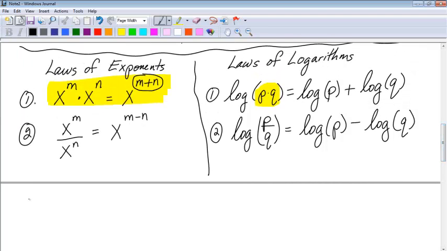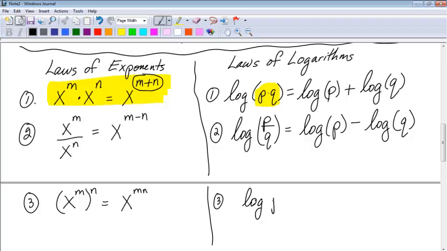And then the third law. If I take x to the m power and raise it to the n power, when you raise a power to a power, what do you do with the exponents? Multiply them. So it'd be x to the mn power. The third law looks a little bit different when you take the log of p, and let's say that's to the q power.